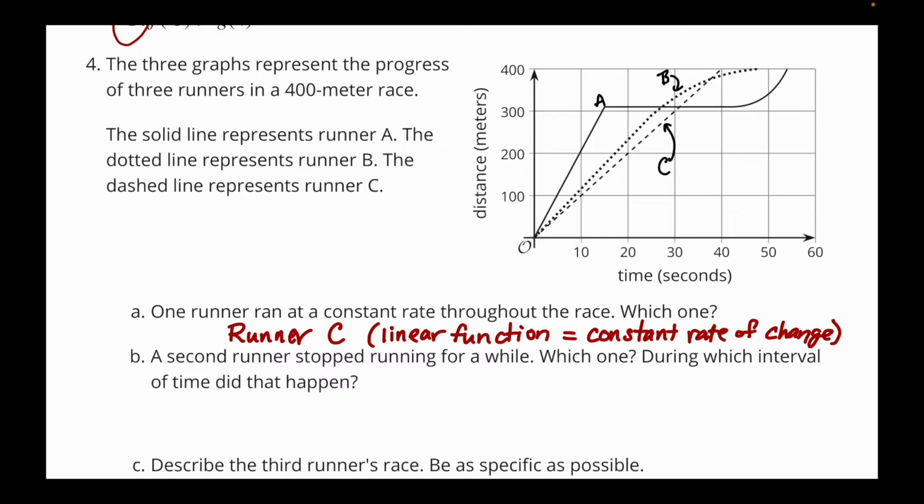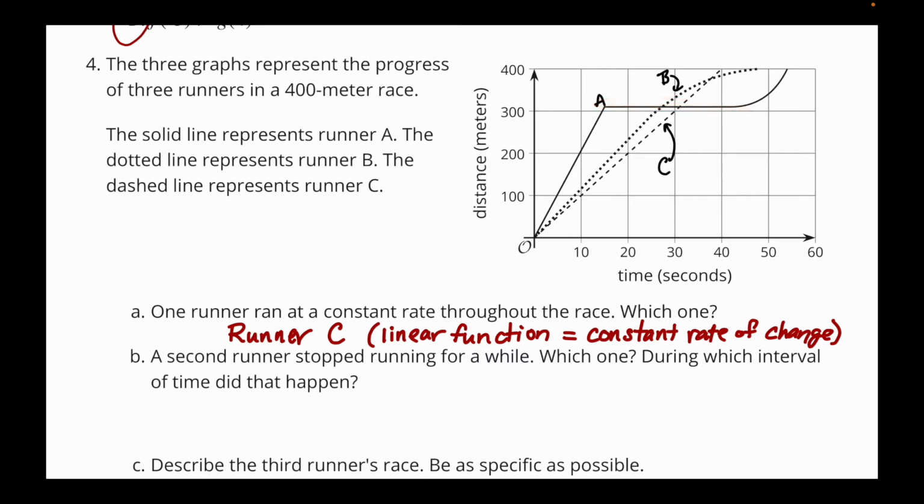Okay, a second runner stopped running for a while. Which one? And during which interval of time did that happen? So that is going to be where this person made no progress. And to me, that looks like runner A, because we have this section for runner A that is completely flat.